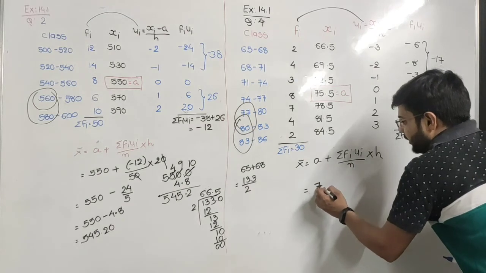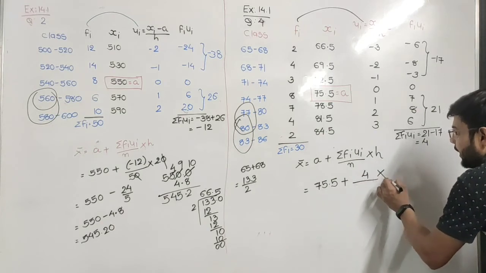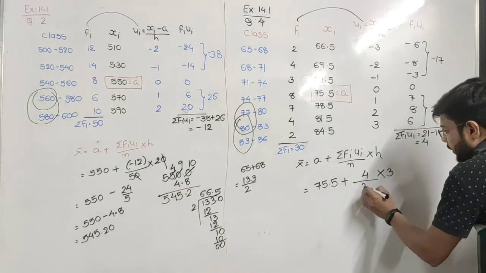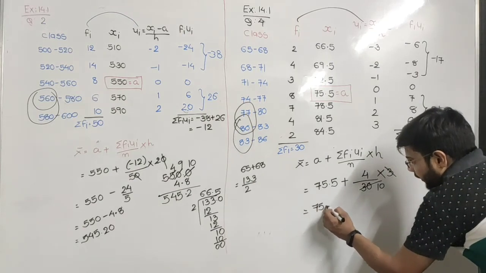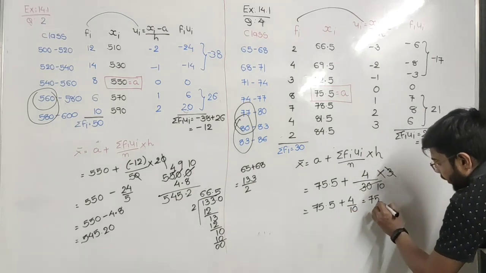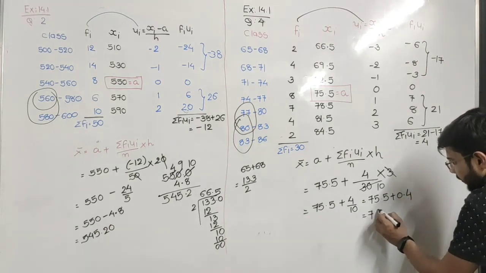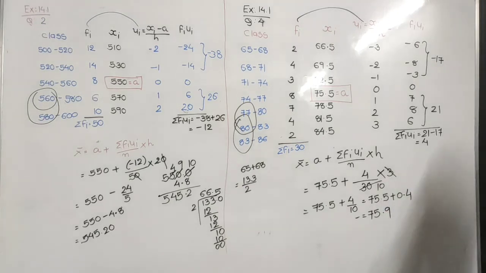So a is equal to 75.5 plus sigma Fi ui, which is 4, upon n, which is 30, times h, which is 3. Three tens are 30, so 75.5 plus 4 upon 10, so 75.5 plus 0.4. If we add this, 75.9 will be our mean. So the answer will be 75.9.